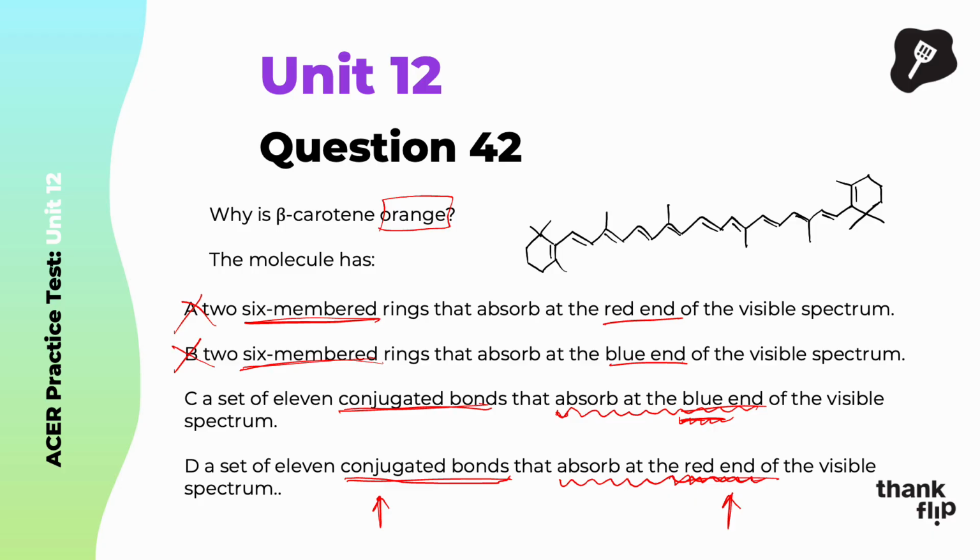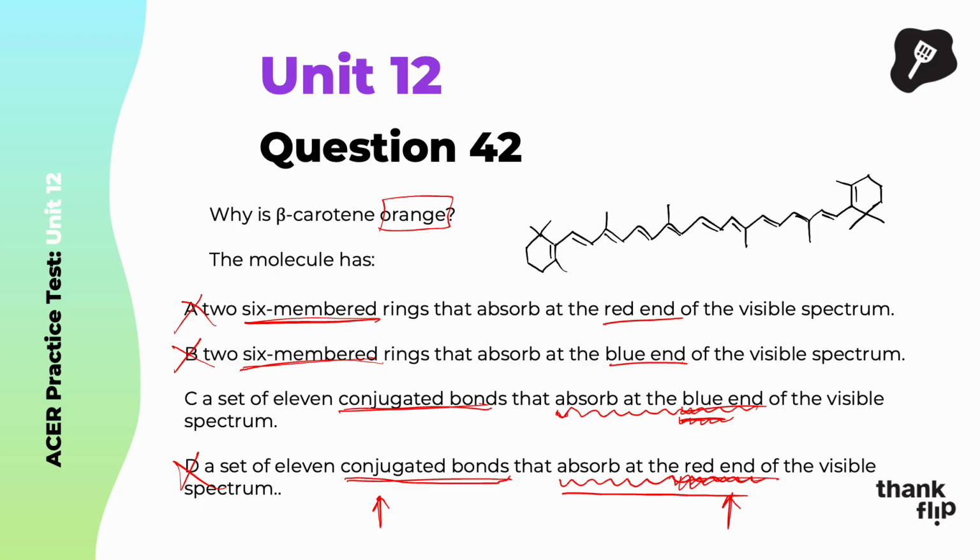Usually the opposite end of the spectrum would be reflected. So because orange is quite close to red, and we know that if the red end of the spectrum is being absorbed, the compound is not going to look red, because that color is being absorbed, not reflected. So we can eliminate this, and the blue part of the visible spectrum is actually opposite to the orange end of the visible spectrum.